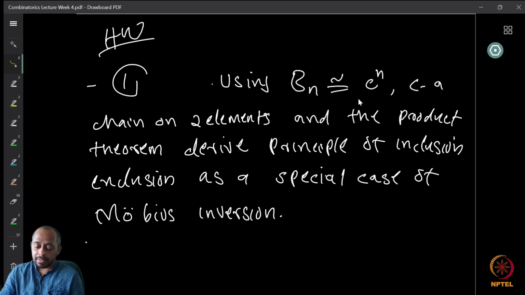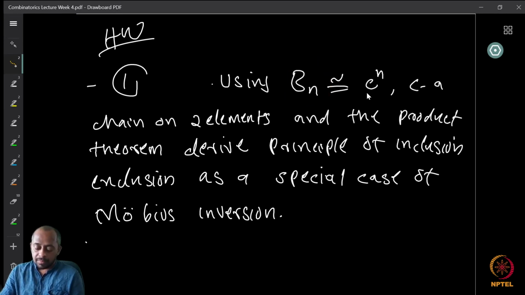So where C is the chain of two elements, Bn is isomorphic to the product of the chain of two elements with itself n times. Now, because of this property, we can use the product theorem, right? So if you know how to compute the Mobius function of this, then you can also compute the Mobius function of Bn by the product theorem.